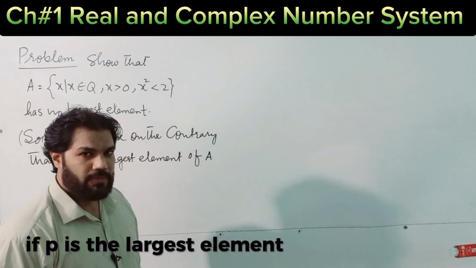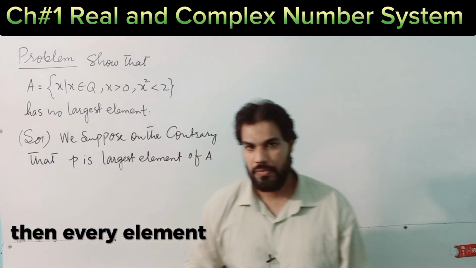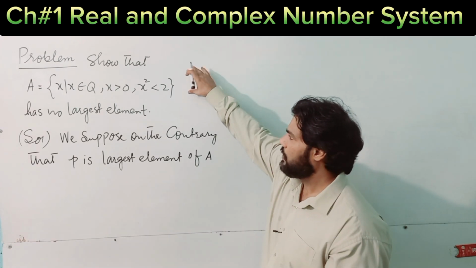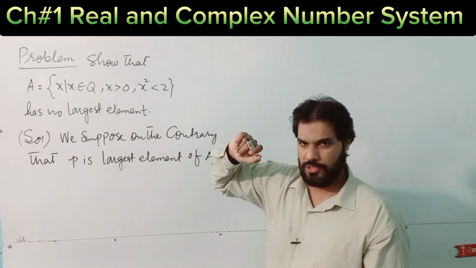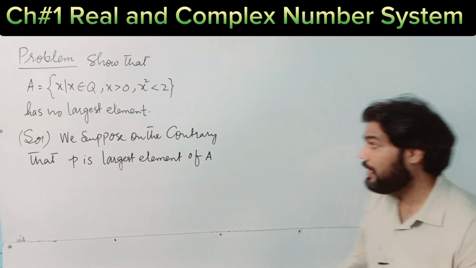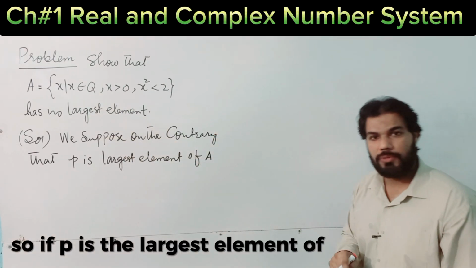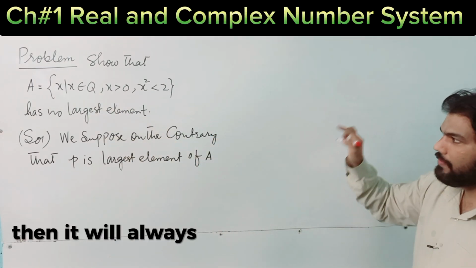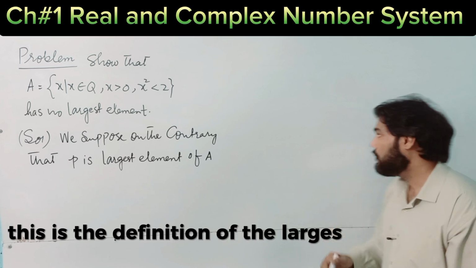If P is the largest element of A, then every element that belongs to this set A will satisfy three conditions. The first condition is that the element should be rational. If P is the largest element of A, then it belongs to this set A. This is the definition of the largest element.